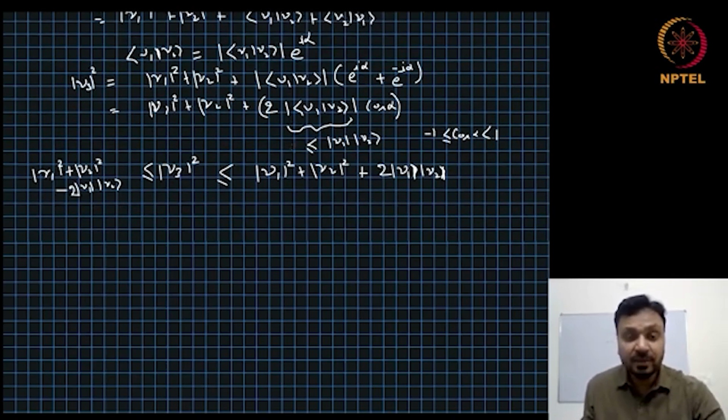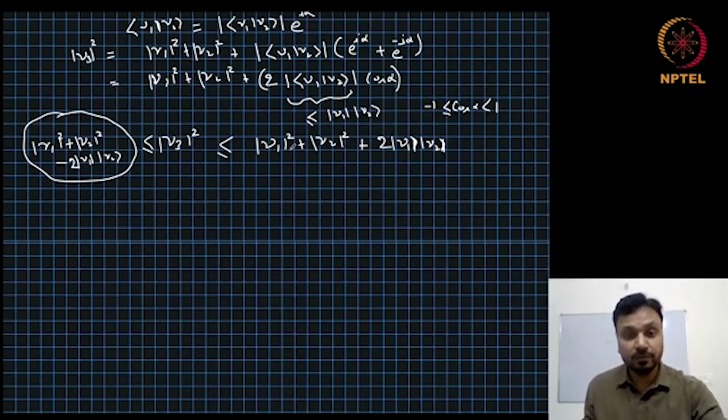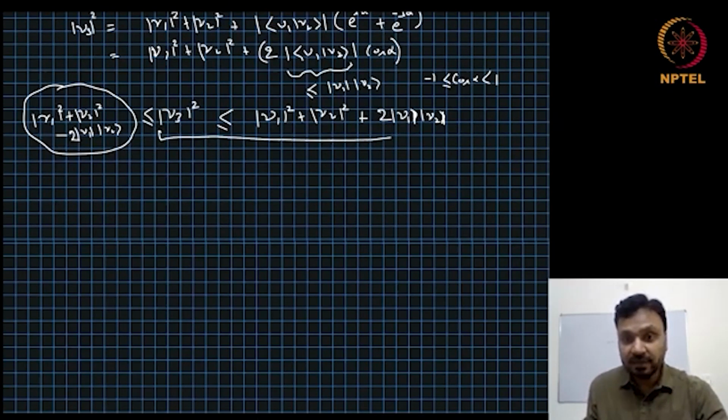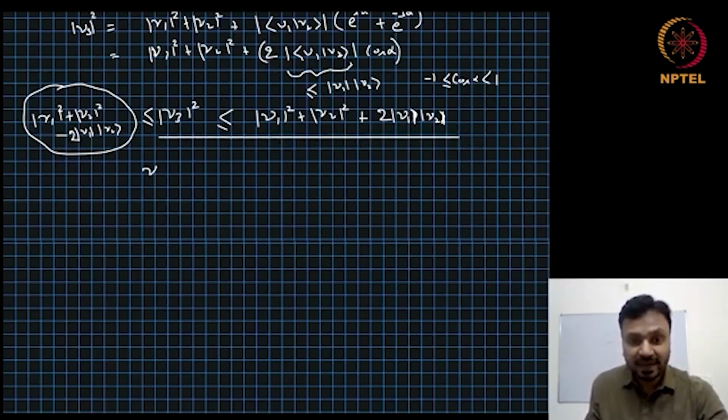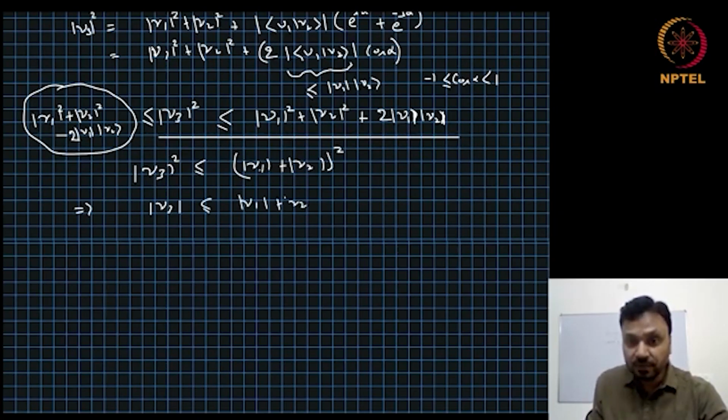So we get |v3|² between |v1|² plus |v2|² minus 2|v1||v2|, and |v1|² plus |v2|² plus 2|v1||v2|. We are for the time being only interested in this part, so we get |v3|² less than or equal to (|v1| plus |v2|) whole squared. Hence we get |v3| less than or equal to |v1| plus |v2|, and this is what was our intention to achieve.